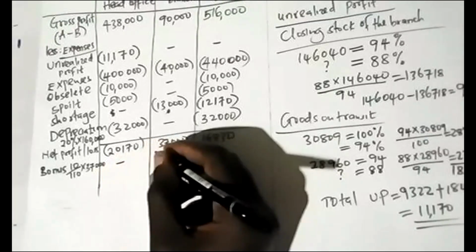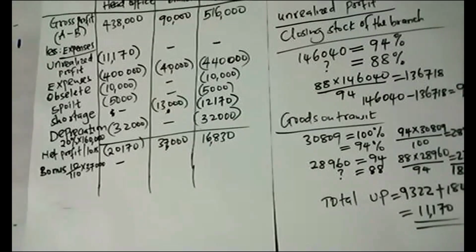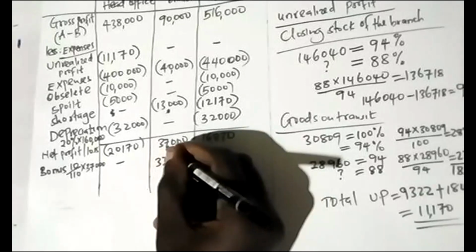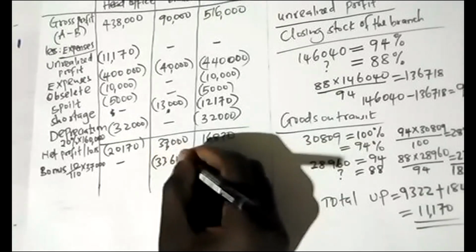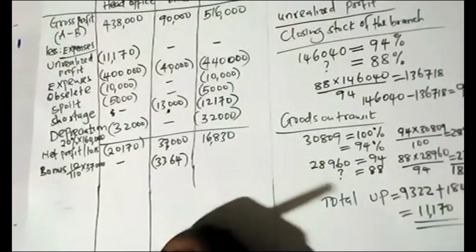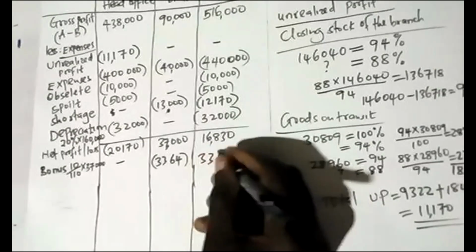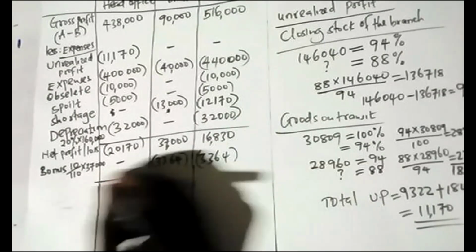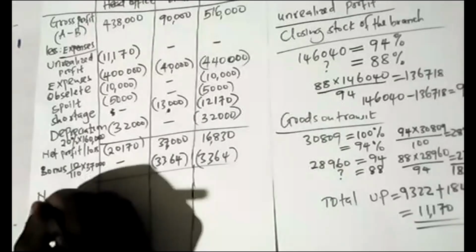This one is 10 divided by 110 times 37. I'm getting 3,364. So 3,364 is my answer concerning the bonus, under combined. So net profit after the bonus now.